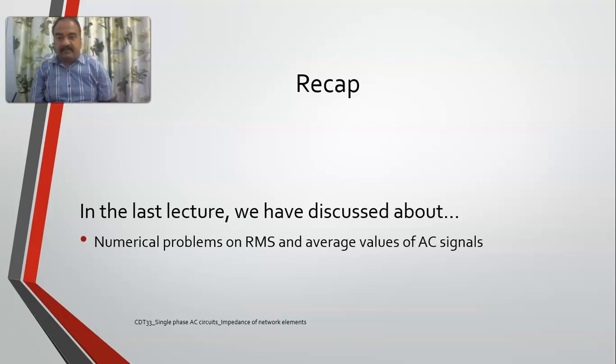In the last entire week, we tried these things for different AC signals, namely the trapezoidal signal, sawtooth signal, pulse, square, rectangular, sinusoidal signal, half wave rectified signal, and also full wave rectified signal. I hope you are now well acquainted with the problems of RMS and average values.